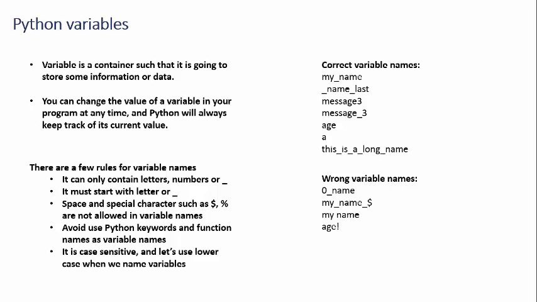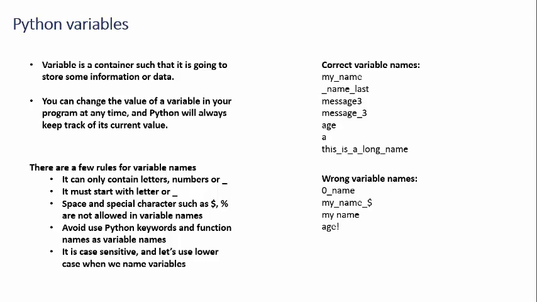The basic one is the variable itself. In the previous example, we defined a variable called message and assigned a string, hello Python world, to it in one line. So message is the variable name, but as a variable name, there are some rules that we can define.